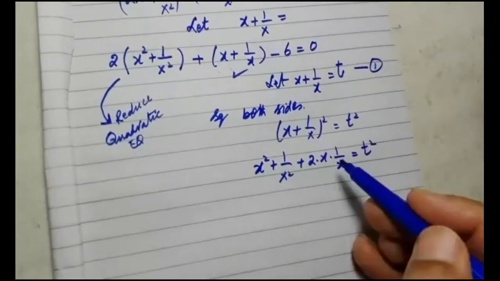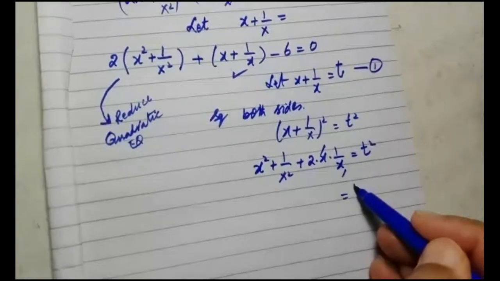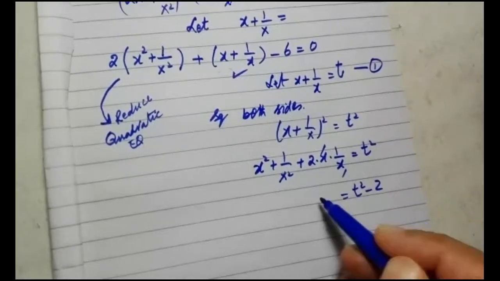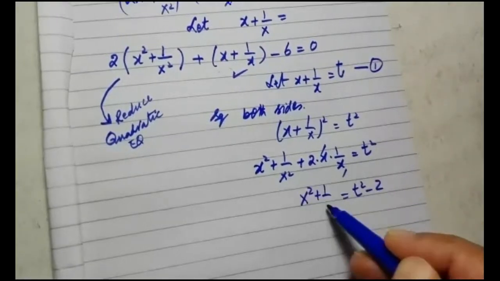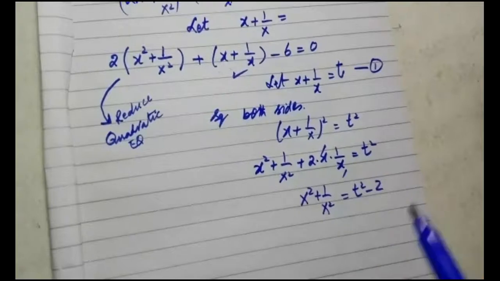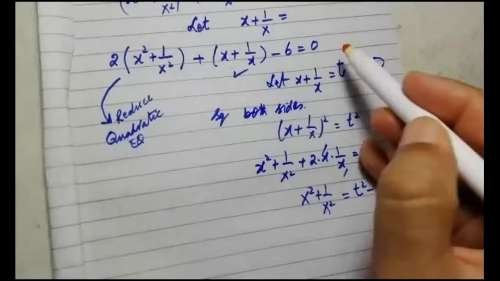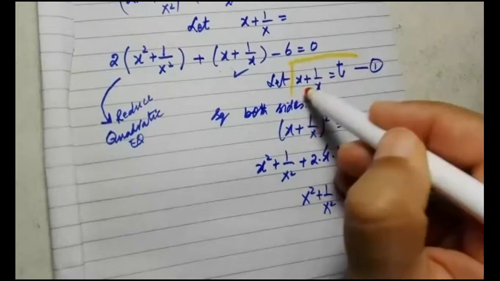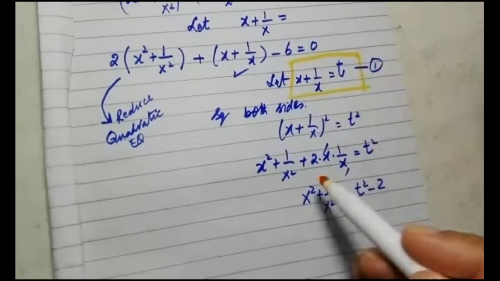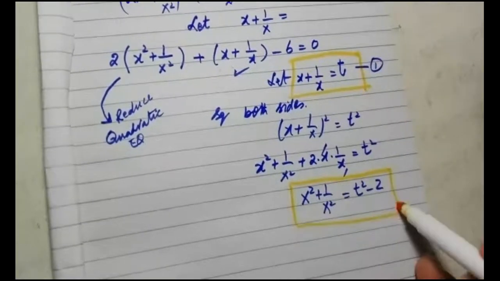The simplification will return, after the cancellation, x square plus 1 over x square equals t square minus 2. So you should notice here that in equation number 1 and in equation number 2, we have gotten the values in terms of variable t.